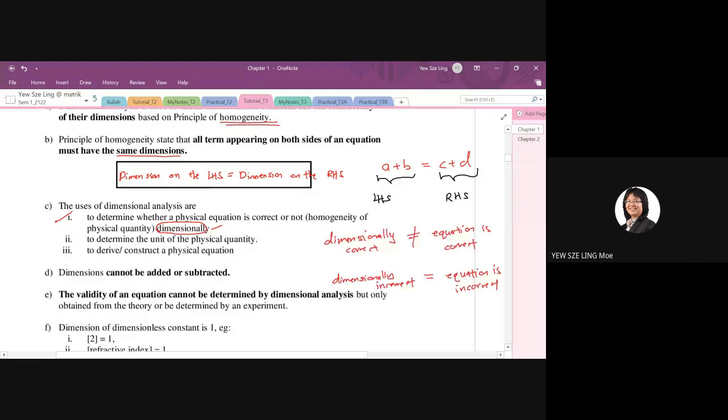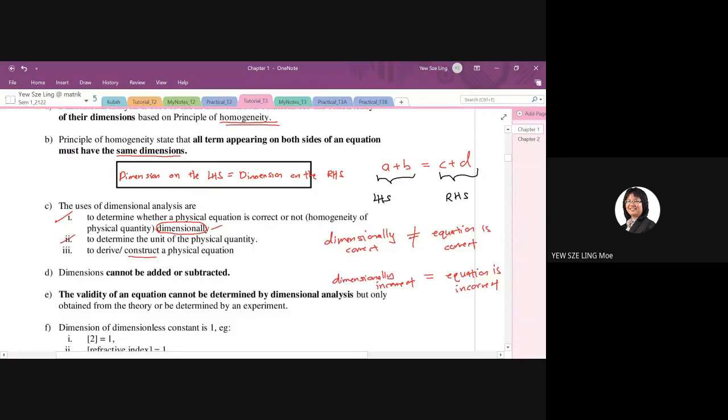Another use is to determine the units of a physical quantity. We just tried it, so this is done. And then to derive and construct physical equations. Sometimes scientists carry out various experiments and check the relationship between a few variables. Based on the relationship of those variables, they then construct a new equation that is going to come out in your physics textbook.